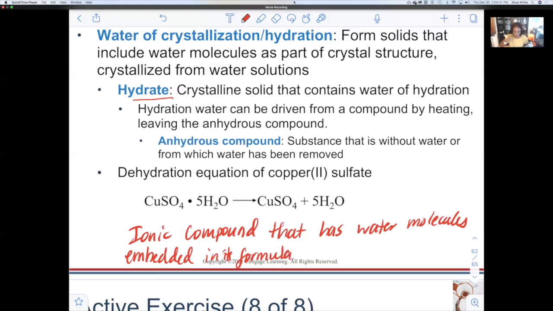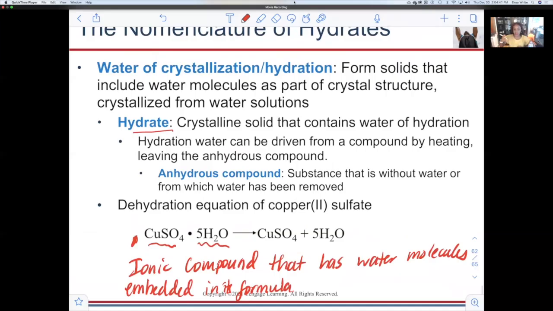Okay. So here we're shown that copper sulfate contains 5 waters in its formula. Okay, so this is how you write it. And this water is a different kind of water. It's different from taking copper sulfate and dumping it in the water. When the copper sulfate was being formed, it took with it 5 water molecules from the atmosphere.